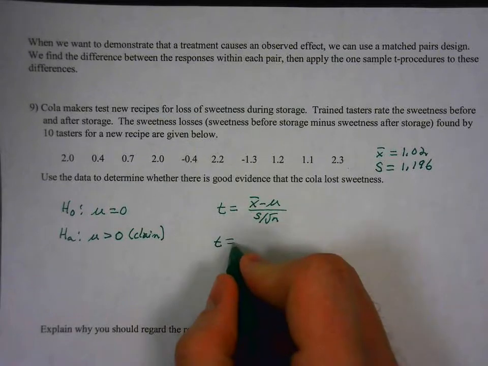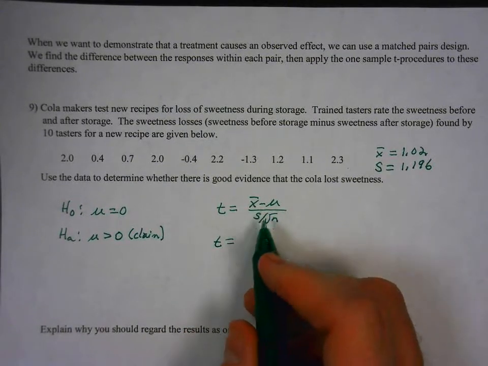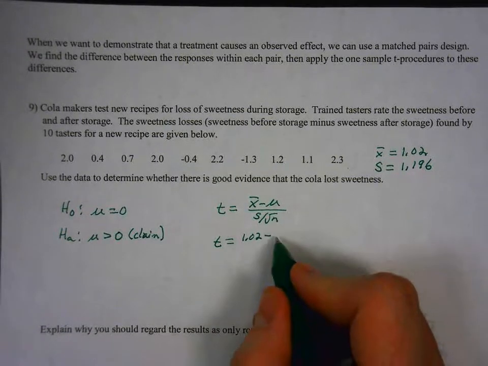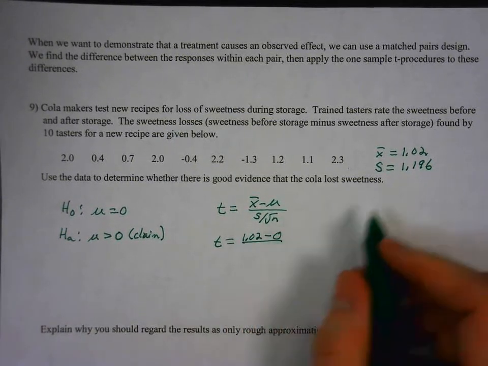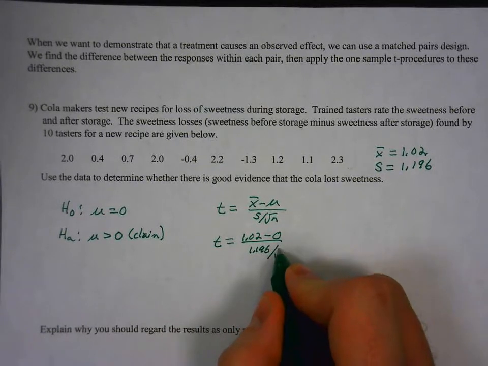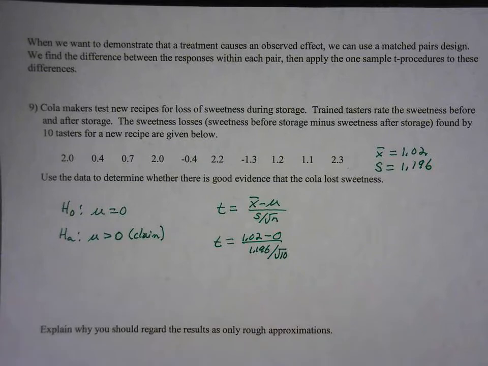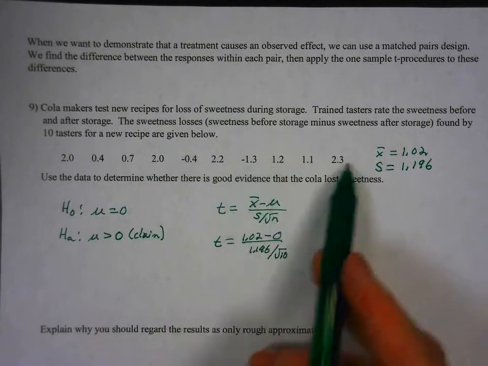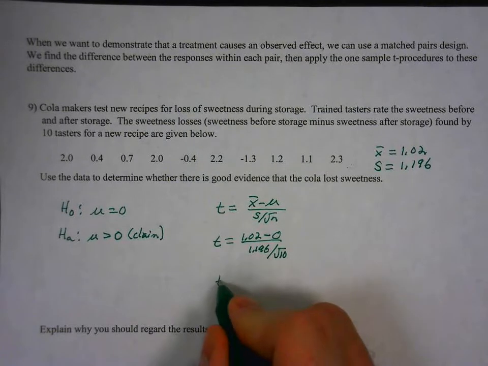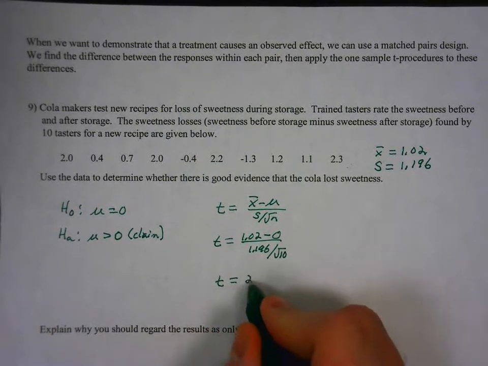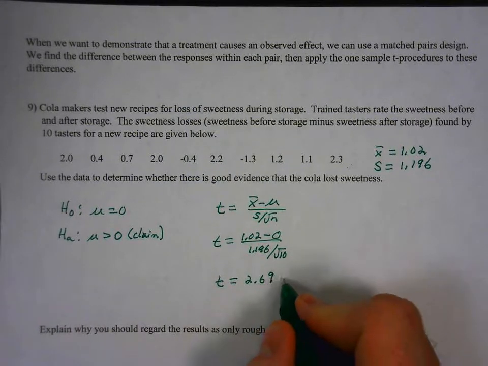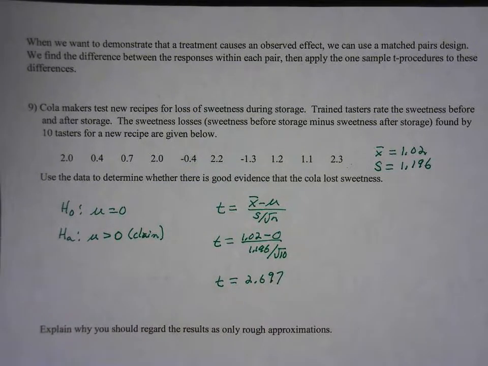So when you do the substitutions, the x bar was 1.02 minus our hypothesized mean of 0 divided by s, which is 1.196, divided by the square root of n, which was 10. There are 10 data values here. So our t value for the test statistic, doing that arithmetic, is 2.697.